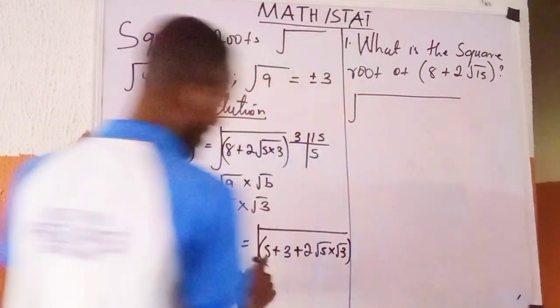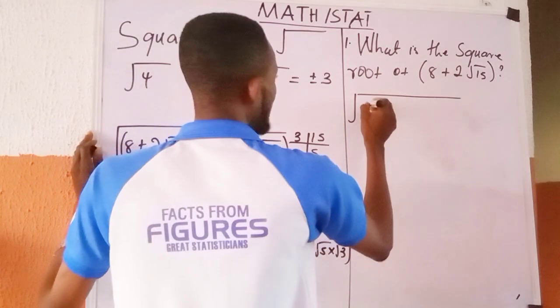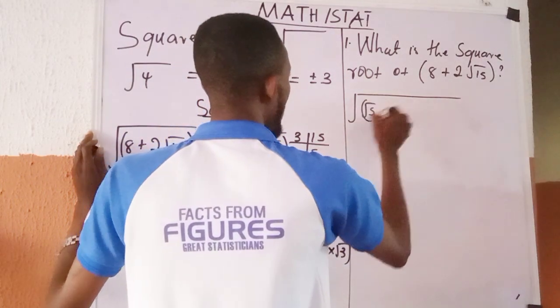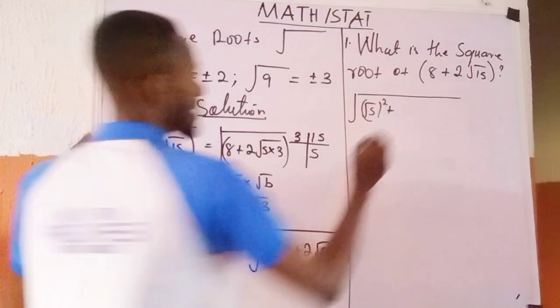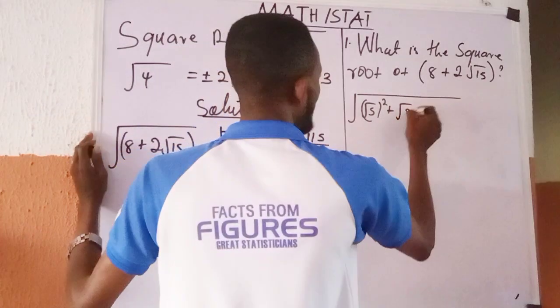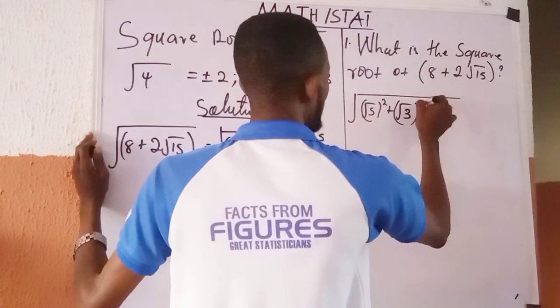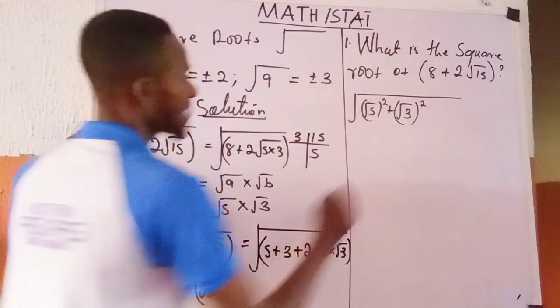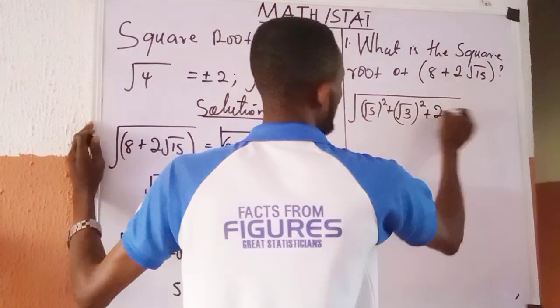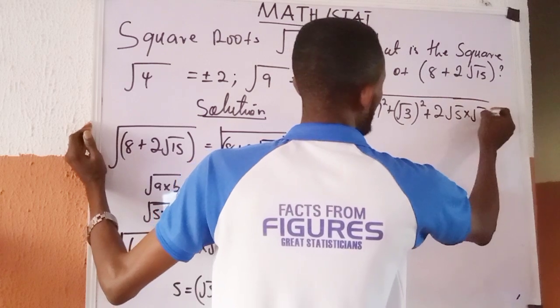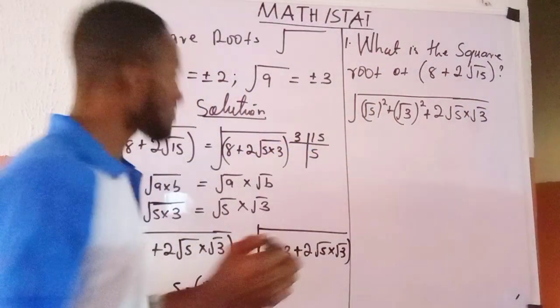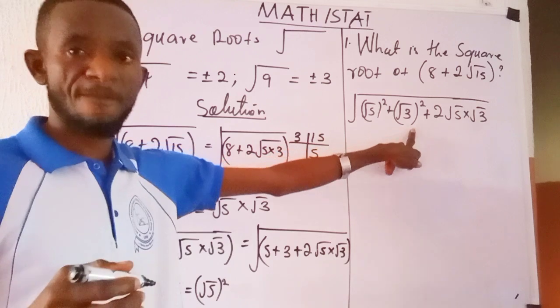In place of this 5, I'm going to have root 5 all raised to power 2, plus, in place of 3, root of 3 all raised to power 2. The sign I have here is plus. I have 2, here is my root 5 multiplied by root 3. This and this are the same thing.